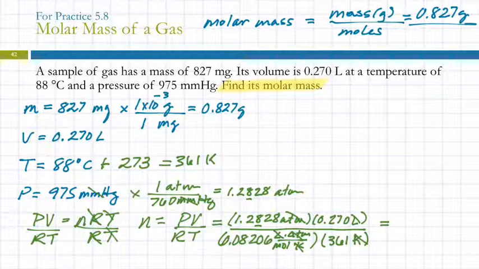Now, when you do this on your calculator, you need to be careful, because what your eye probably sees is this number times this number divided by this number times this number. And if that's what you tell your calculator, you're going to get the wrong answer. You could use parentheses. I'm going to use parentheses down here.